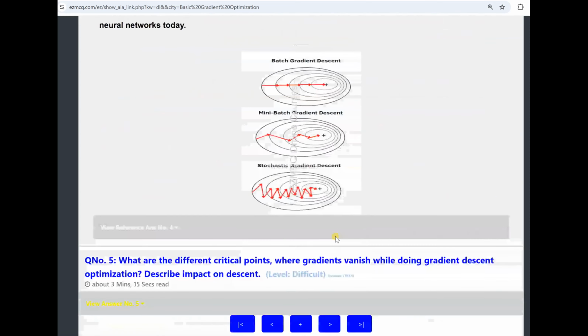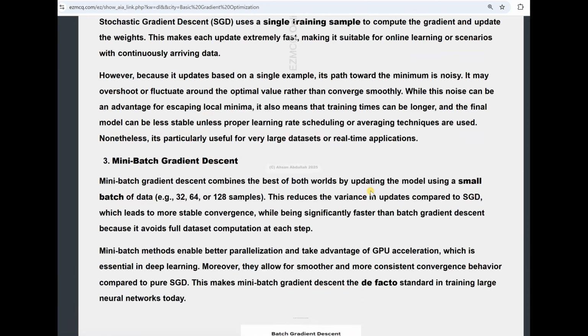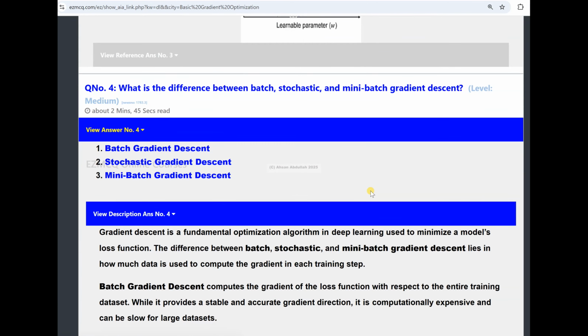It's better first we look at the bullets and then come to the diagram. So let's take a look at the bullets first. We have types. It's kind of standardized into three types, which is batch, stochastic, and mini batch.